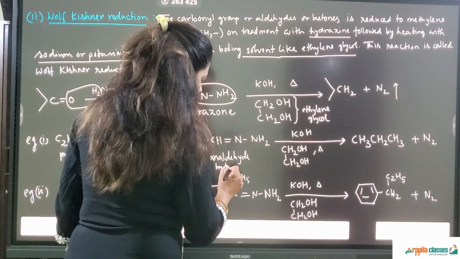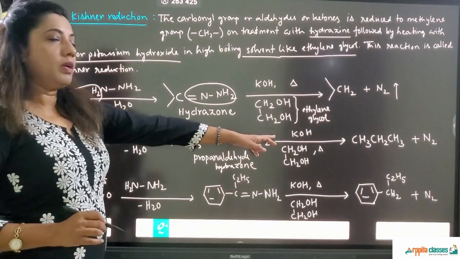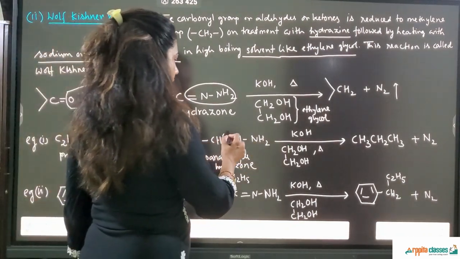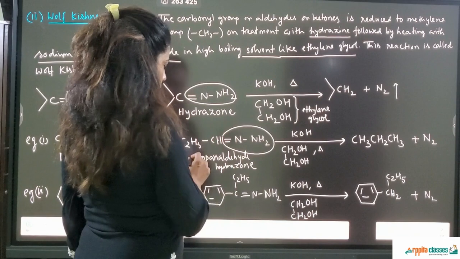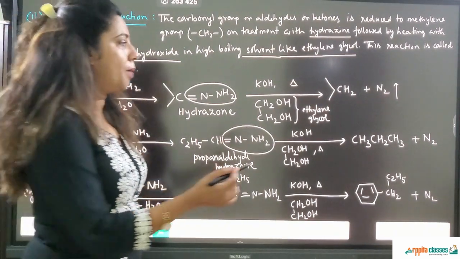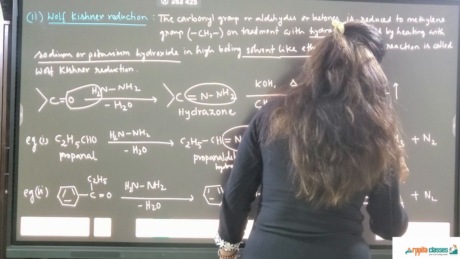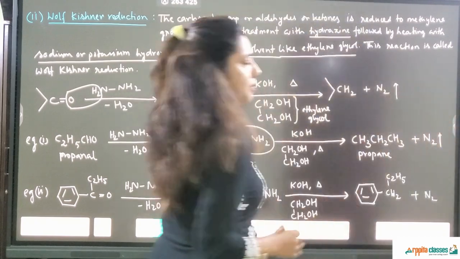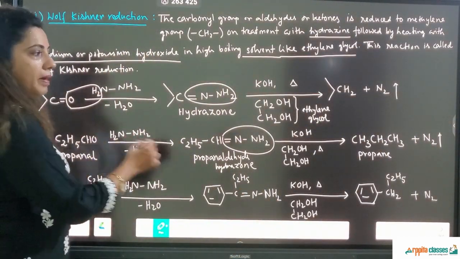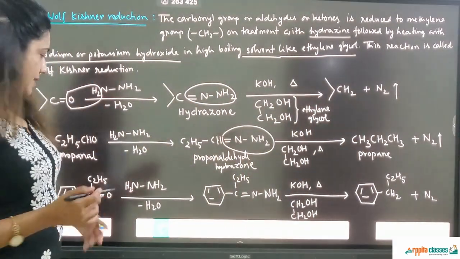Now followed by treatment with KOH, ethylene glycol, heating, this entire thing converts into H2. So you get C2H5CH3. That is nothing but your propane. CH3, CH2, CH3. This is your propane with liberation of a nitrogen molecule. So basically this O is replaced by 2 hydrogens. You get an alkane in this case.